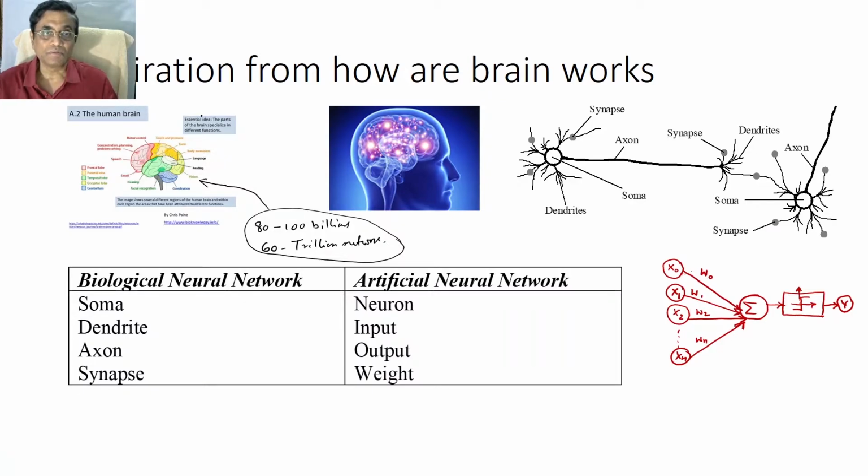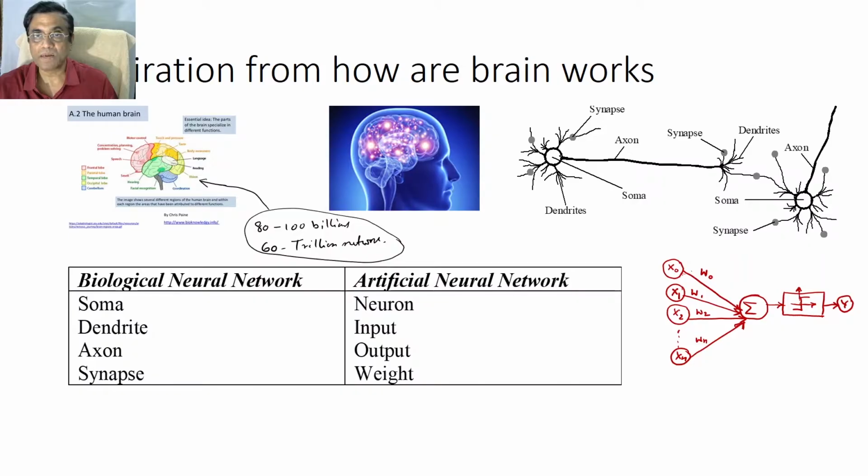So the AI people were greatly inspired and wanted to develop something like a human brain-like structure. So this is an example. This is a typical neuron, this nerve cell, that is perhaps one of the biggest cells in our body. It has several parts. Axon is just like the output.